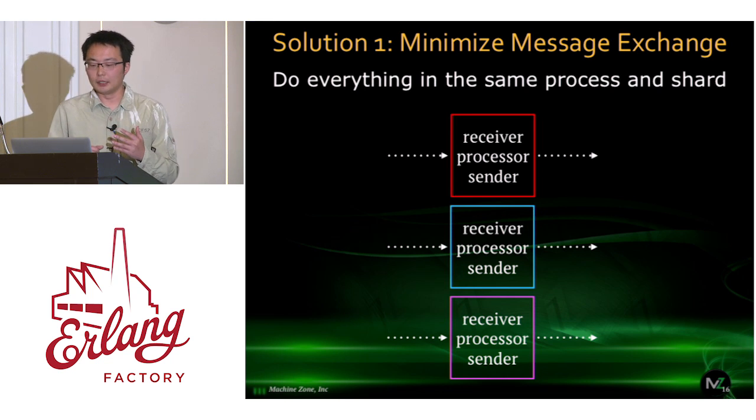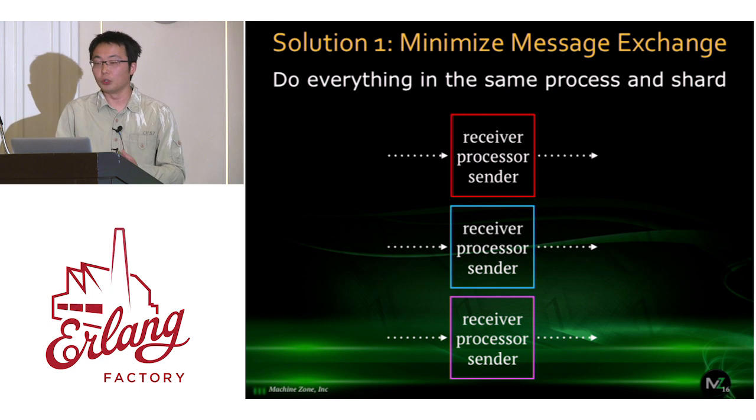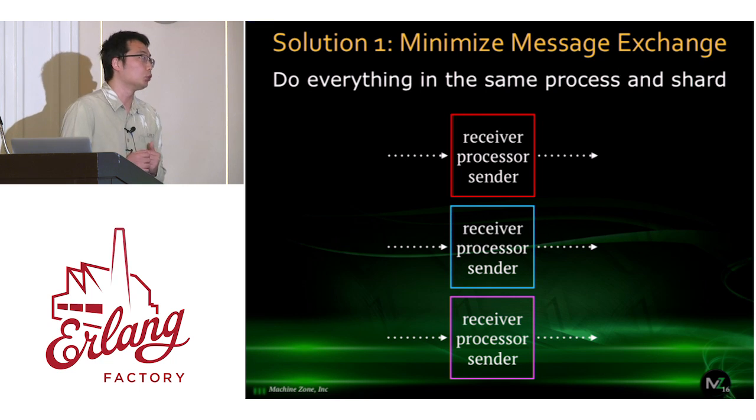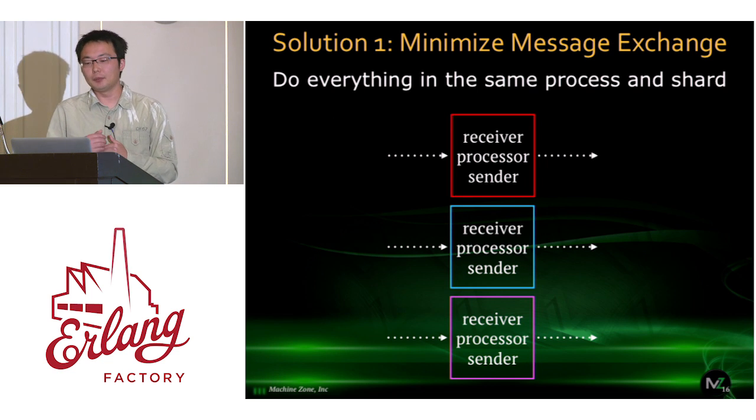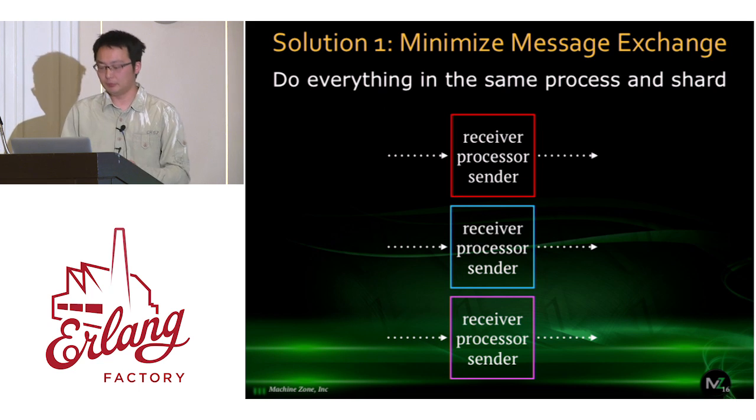In addition, we can partition our requests to do sharding, and we can avoid the communication between all these shards. So by limiting the number of message exchanges, we really can help ourselves a little bit by solving an easier problem.